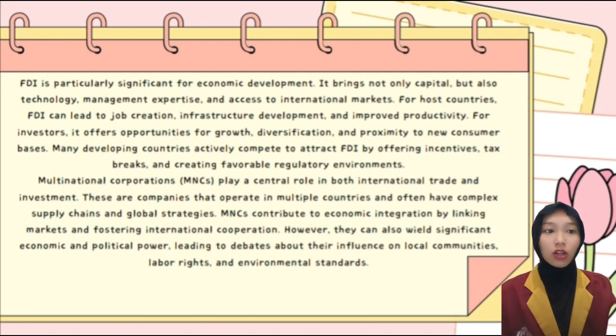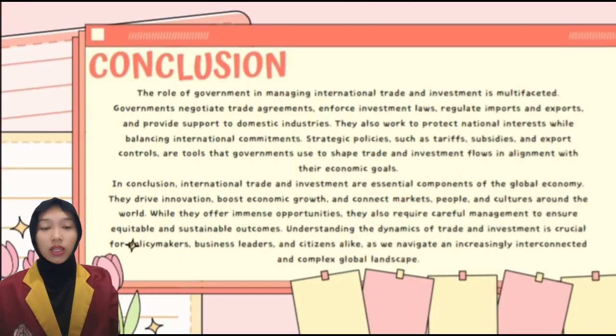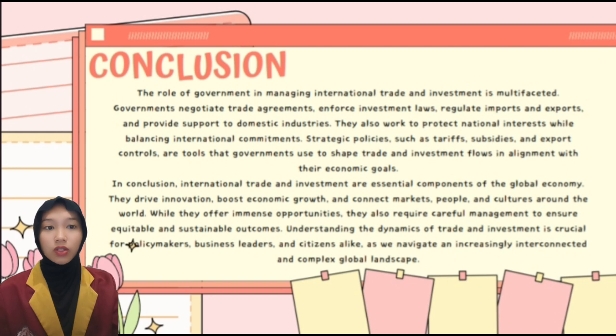However, they can also wield significant economic and political power, leading to debates about their influence on local communities, labor rights, and environmental standards.